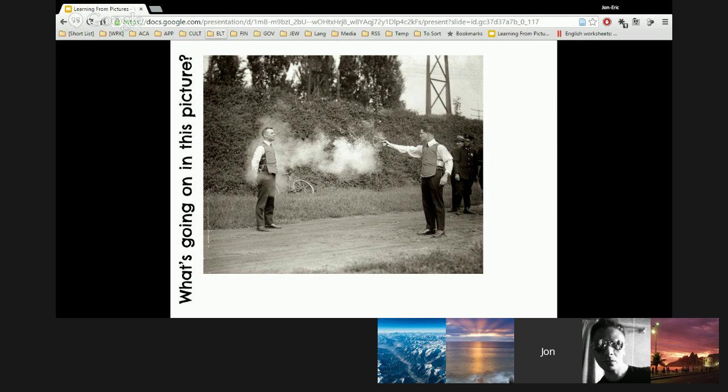Kevlar protects a man after being. Okay. Too many words. Got to cut it down. Kevlar protects a man proudly shot. Yes, I like it. Kevlar protects proudly shot.